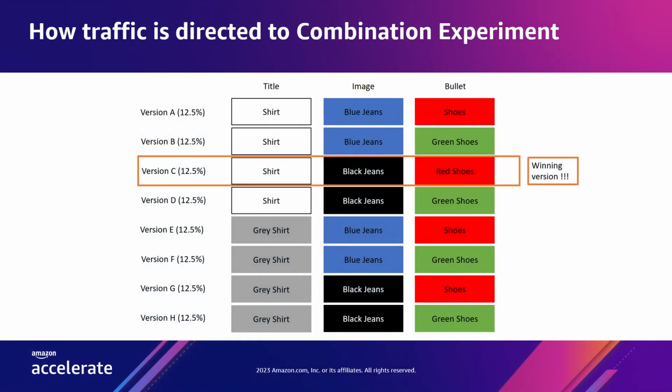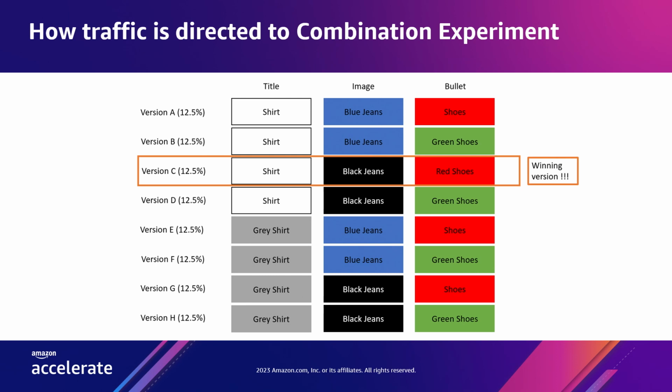So how does traffic work with a combination experiment? We will show different combinations of the provided treatments to different customers. So in this example, there are 2 different versions of 3 different attributes, which yields 8 possible combinations. And all 8 can be shown at the start of the experiment.